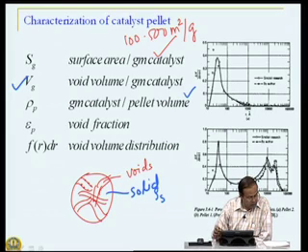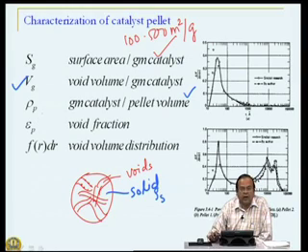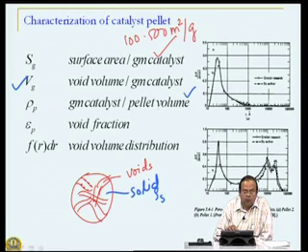So, how does it work? The pellet volume consists of both void volume and the solid volume, which put together is the pellet volume, and hence the effective density of the catalyst pellet rho p is different than the density of the solid material which makes the catalyst pellet.